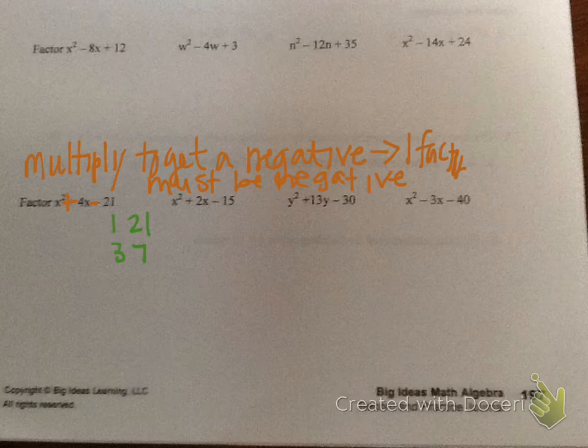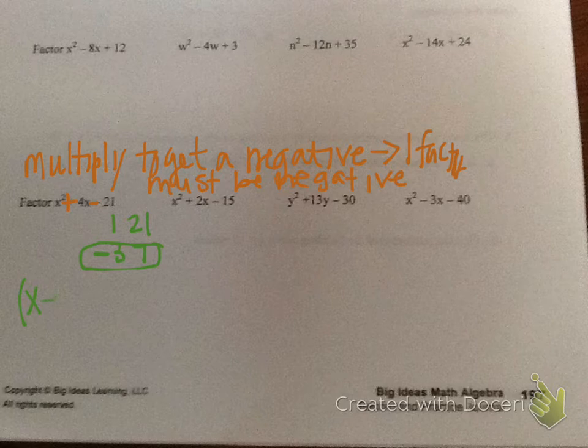So now I'm trying to get positive 4. So if I have negative 1, positive 21, I get 20. If I have 1 and negative 21, I get negative 20. If I have positive 3 and negative 7, I get negative 4. If I have negative 3, positive 7, I get positive 4.